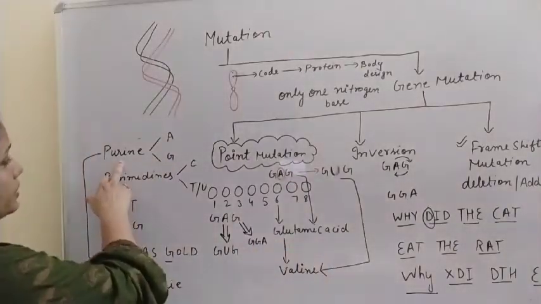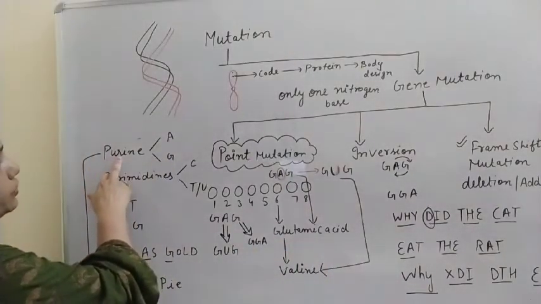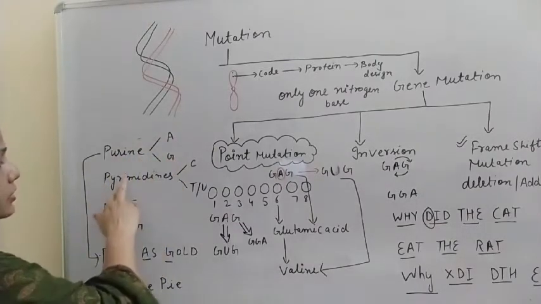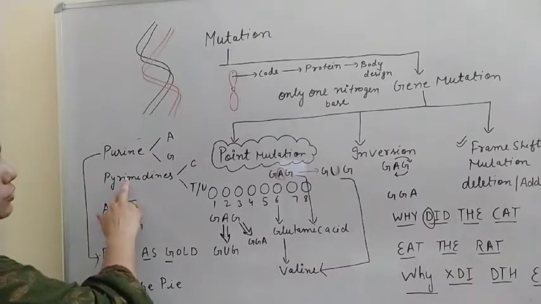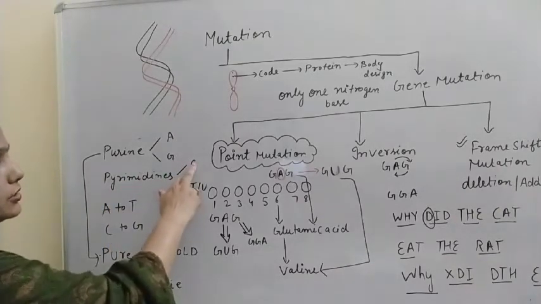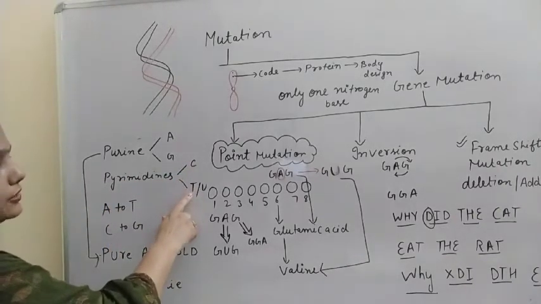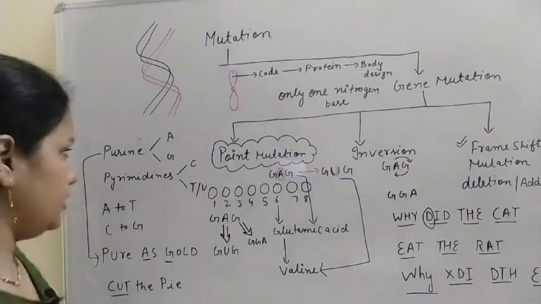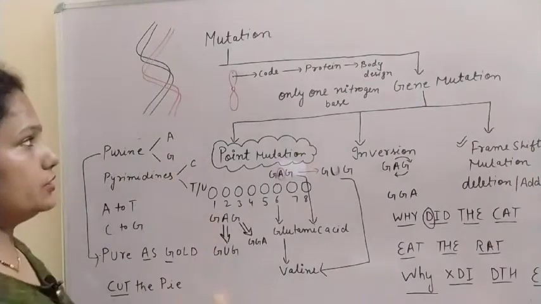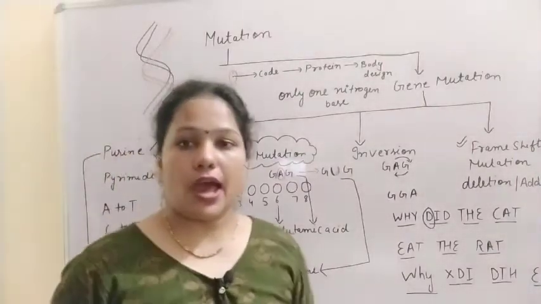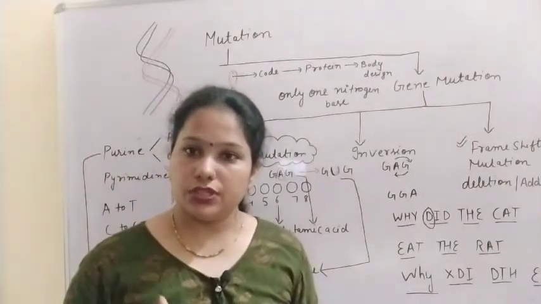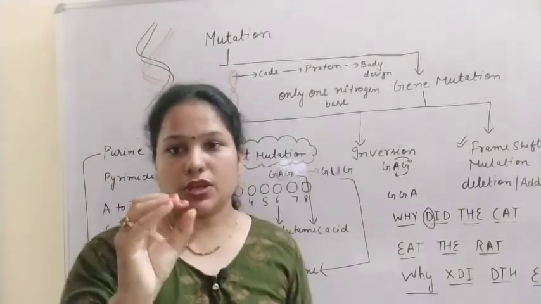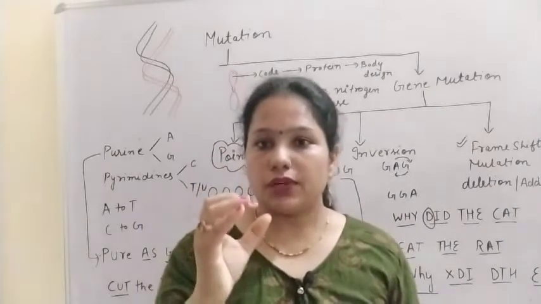In purines, adenine and guanine. Second, in pyrimidines, cytosine and thymine, but in place of thymine, uracil is present in the case of RNA. The gene is nothing but this base pair sequence, and these base pairs are always in triplet form.